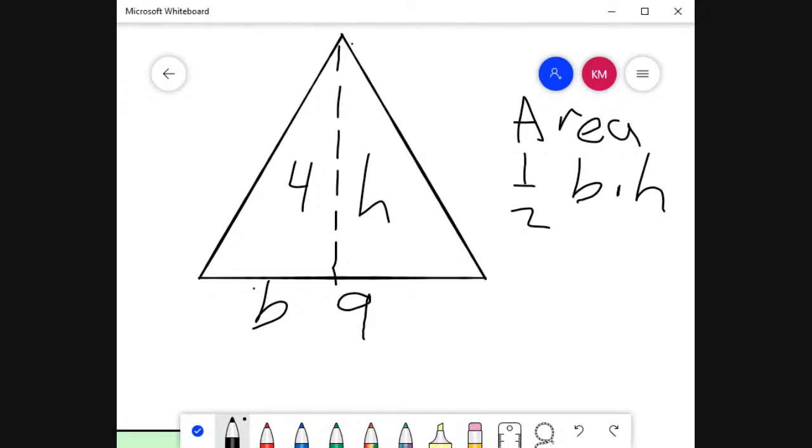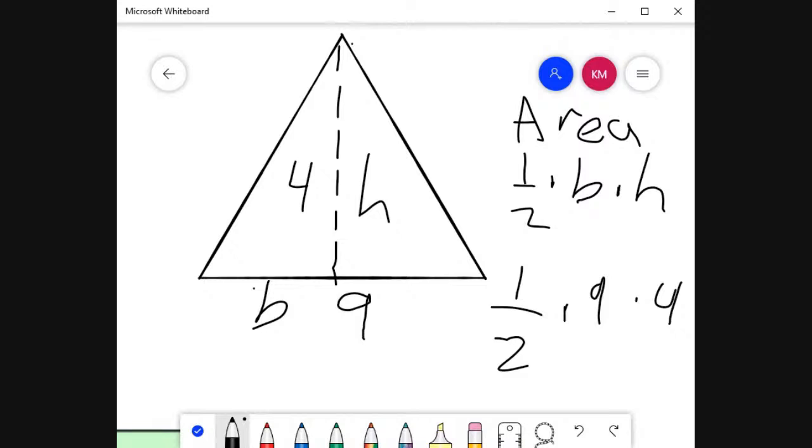You literally can maneuver the numbers however you want, only because it's multiplication. No matter if you go forward or backwards, multiplying these numbers together, you'll get the same answer. So half the base times height is the area of a triangle. For this particular triangle, half times 9 times 4. For me, what I would do is multiply the whole numbers to each other first and then multiply the fraction.